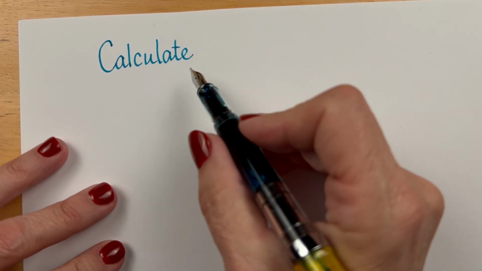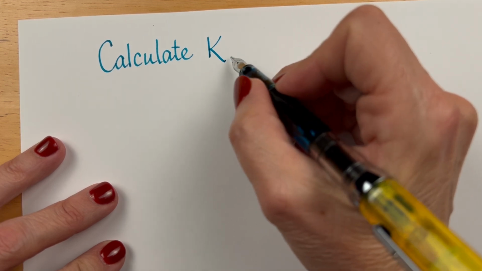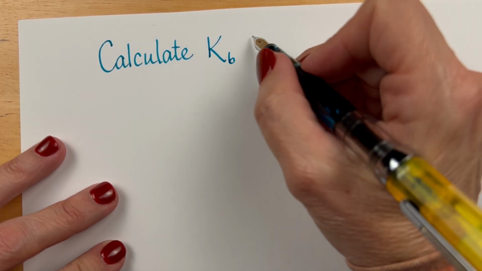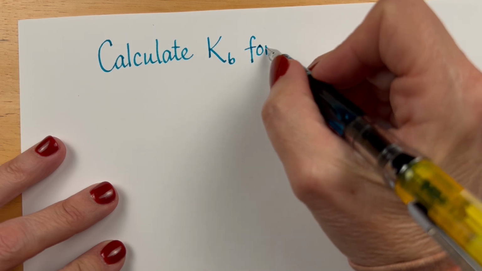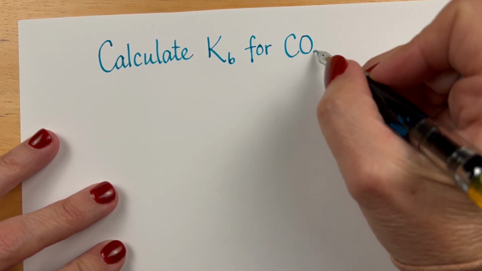Okay, so let's calculate the Kb for, let's look at the carbonate ion.